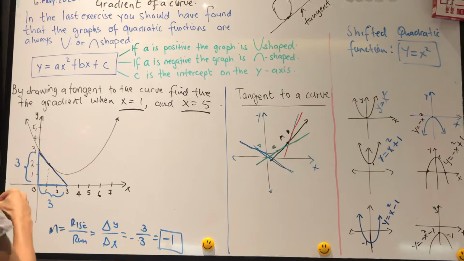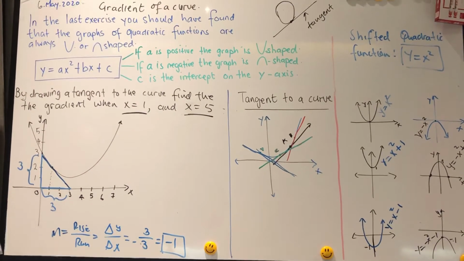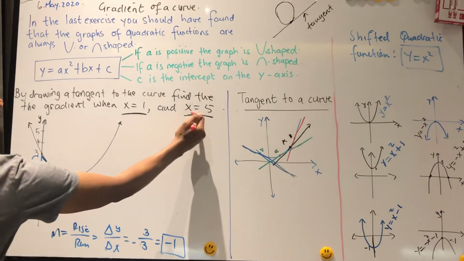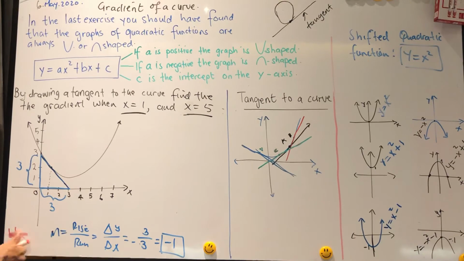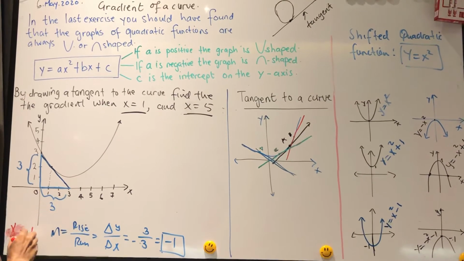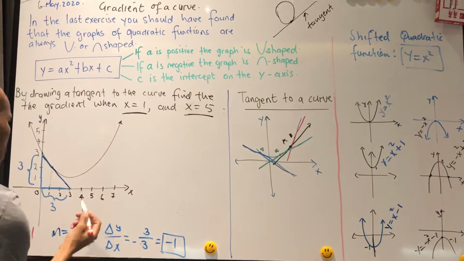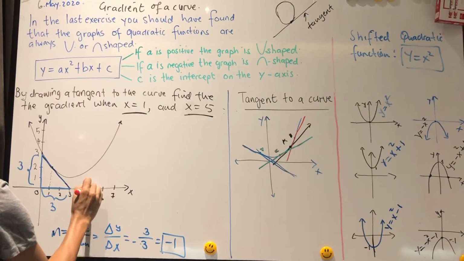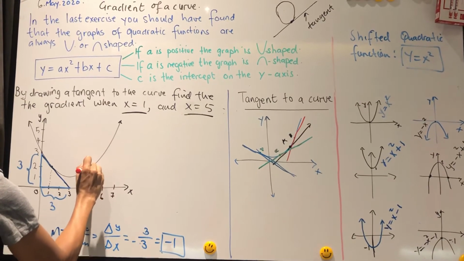So now let's look at the second one. This one says when x is equal to 5. So that means here, when x is equal to 1, that is the gradient. What about when x is equal to 5? So I'm going to go up to 5, from 5, I'm going to go up, approaching the curve.